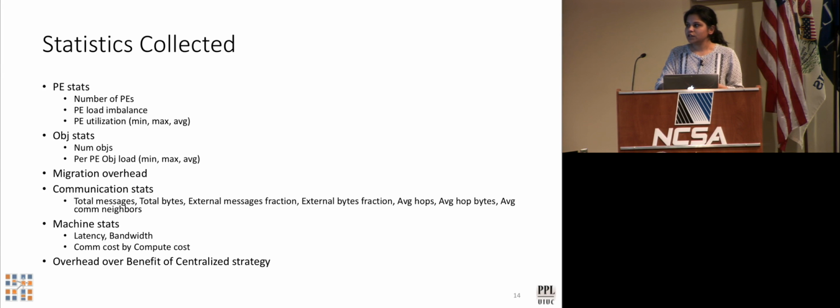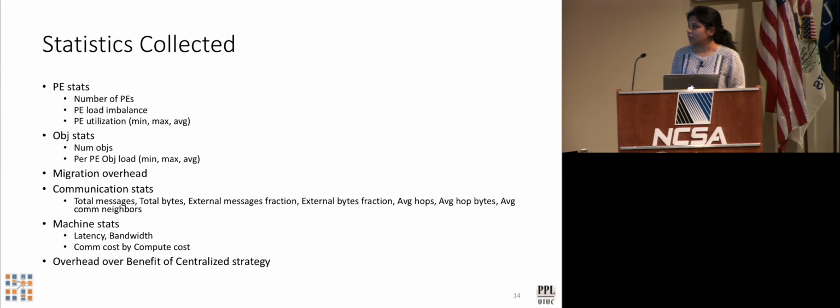There are communication statistics, which are available through the communication graph that Charm++ generates, or the statistics that it can collect in the background. This includes the total messages, the total number of bytes, and the external messages or external bytes, that is, how many of these messages or bytes are actually communication with chares on other PEs versus within the same PE.